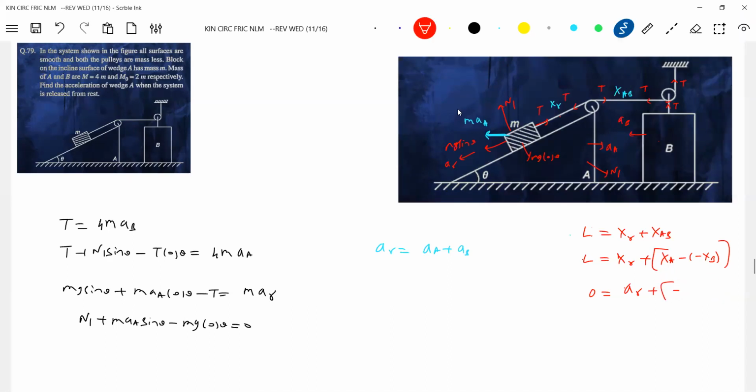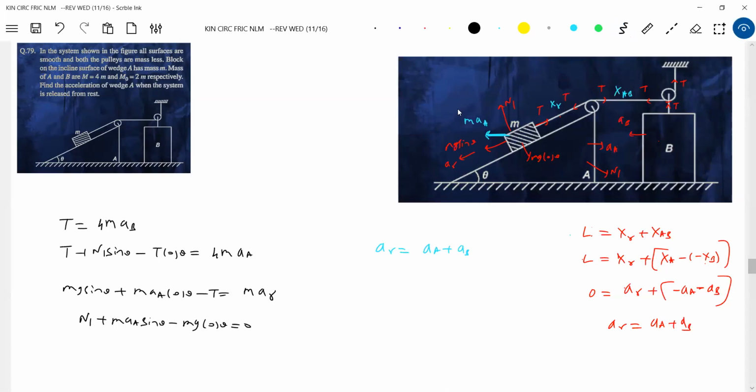This will try to decrease the length, minus AA. Due to XB, it will be decreasing. So decreasing again, positive. So AR equal to AA plus AB.